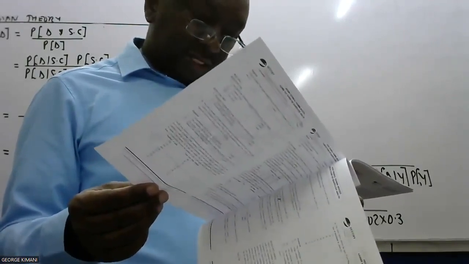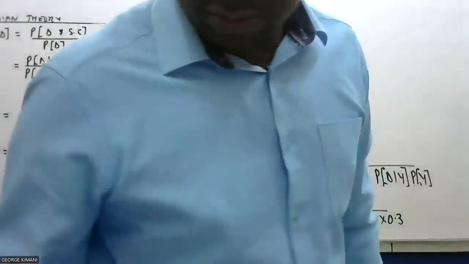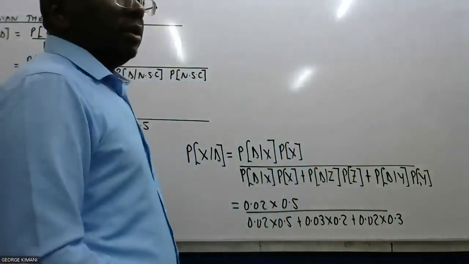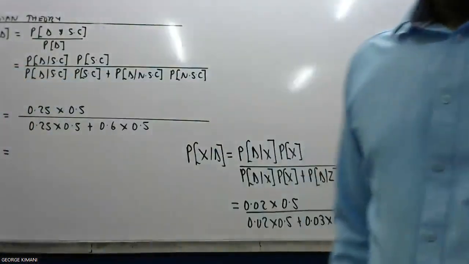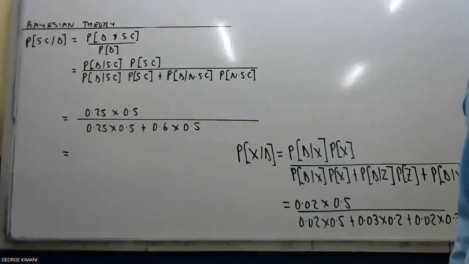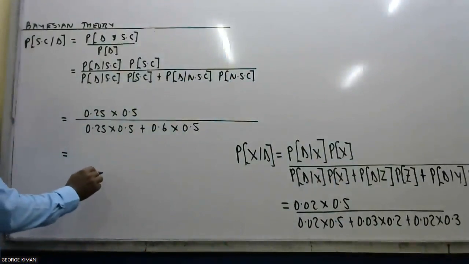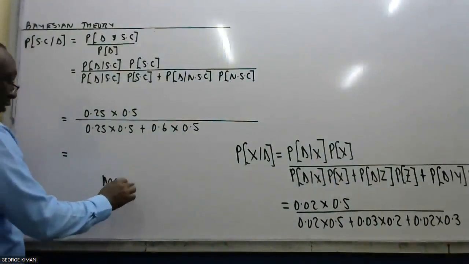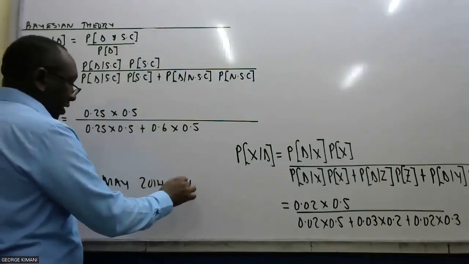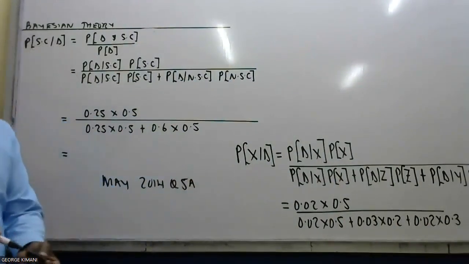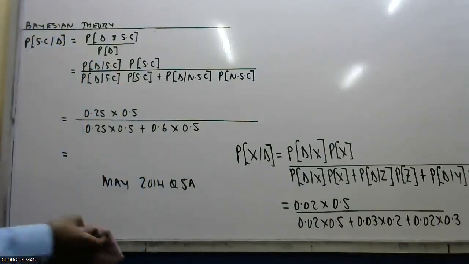The year of the exam is May 2014, question 5A, about taxis, grey and blue. So you attempt that.